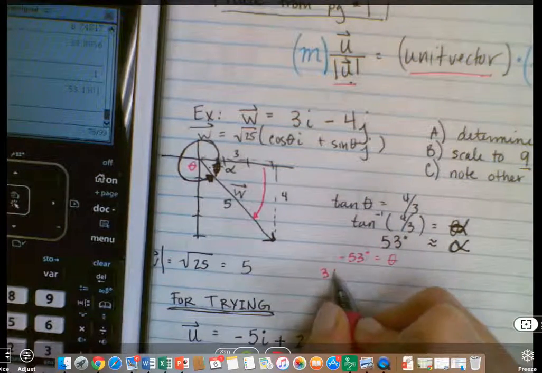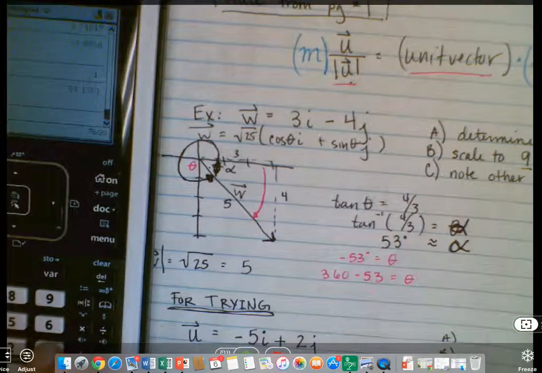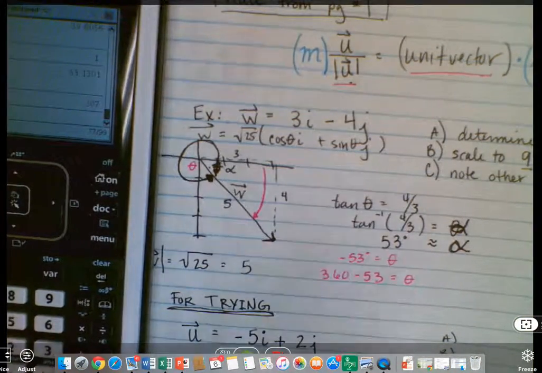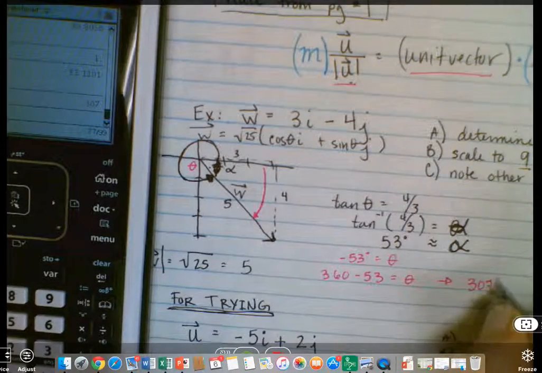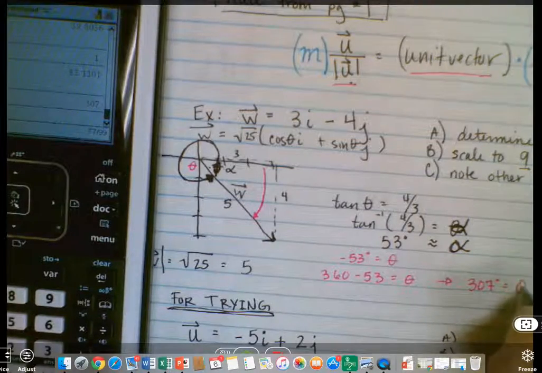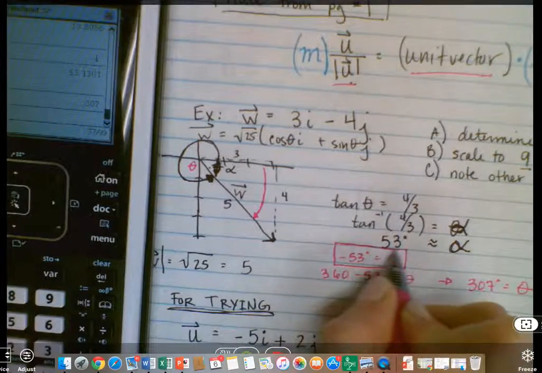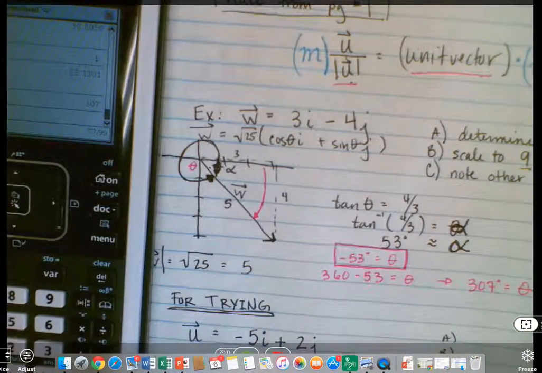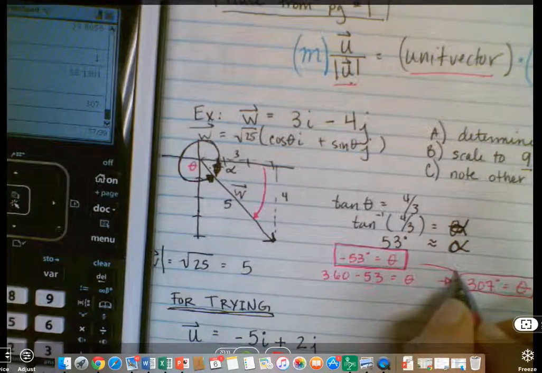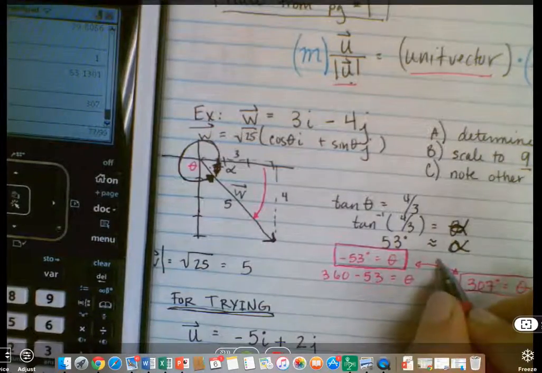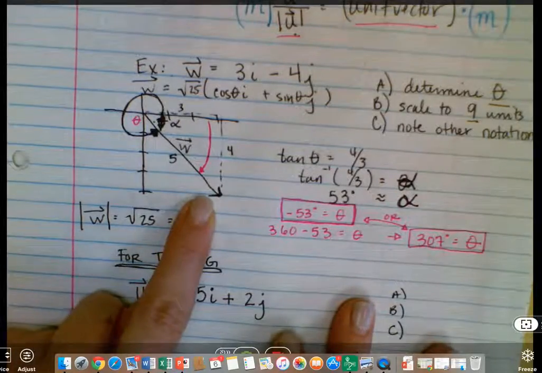So I could also say that 360 minus 53 equals theta, which would be 307, that is also theta. So some books will look for answers that are here, and other books will provide answers that are here. So just be aware that those are two answers that may fit this particular vector.